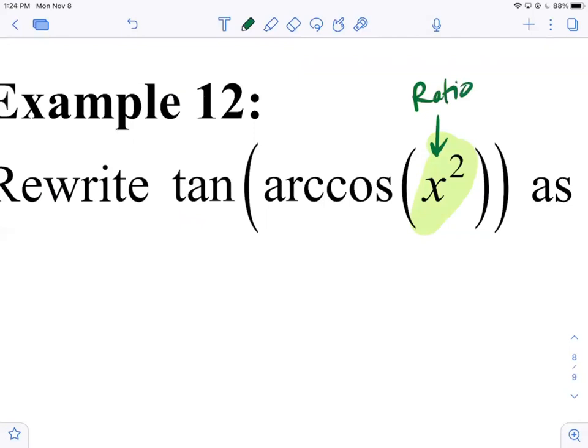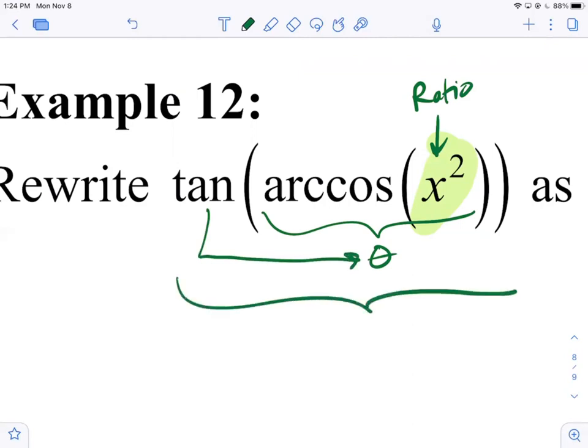Okay. When you take the arc cosine of the ratio, it's going to give you an angle theta. Now, it's not theta that we're interested in. We want to know what the tangent of that theta is. So when we take the tangent of the resulting angle, our final result is an angle or a ratio? It's a ratio, okay?